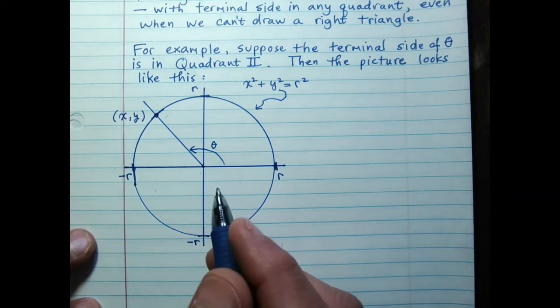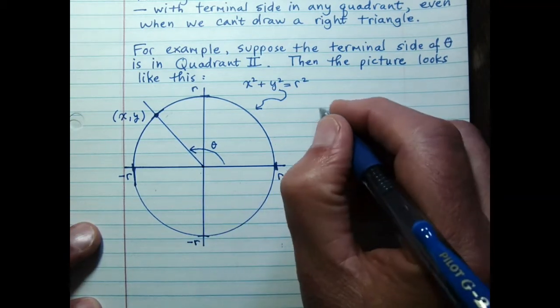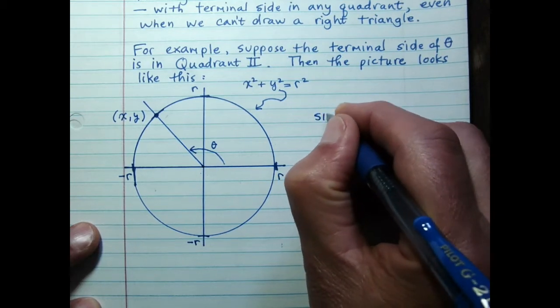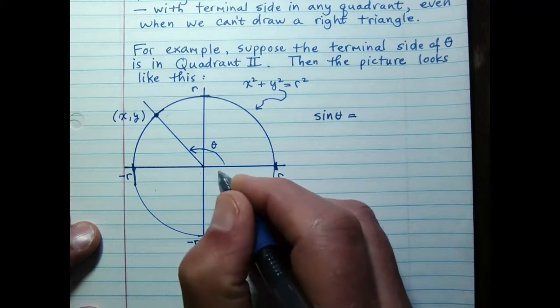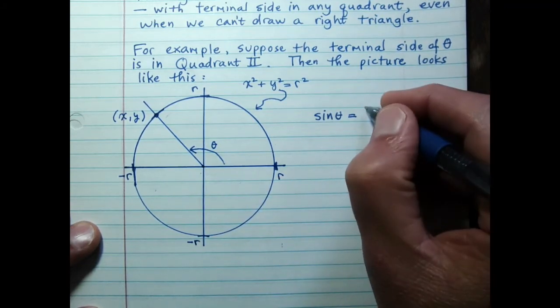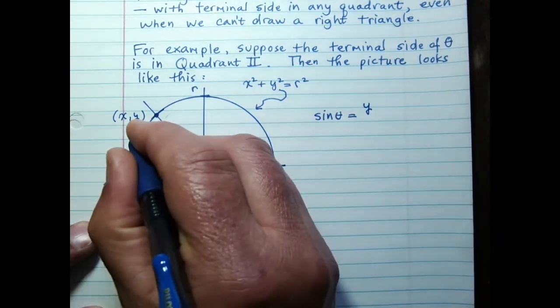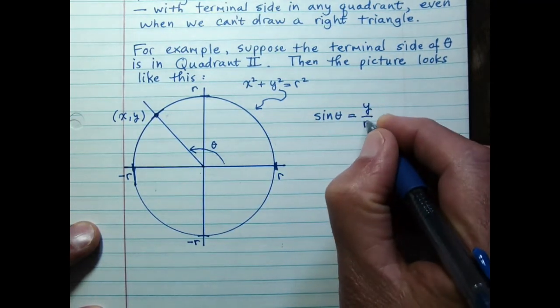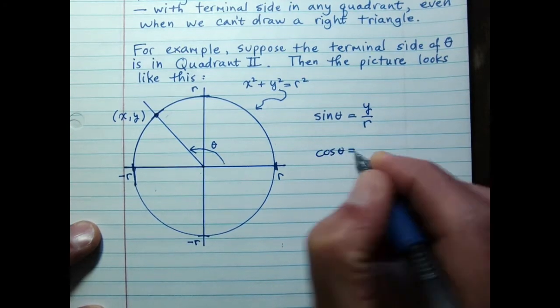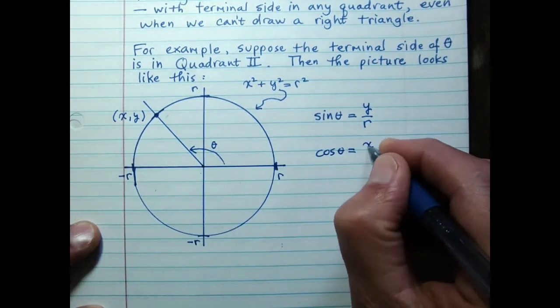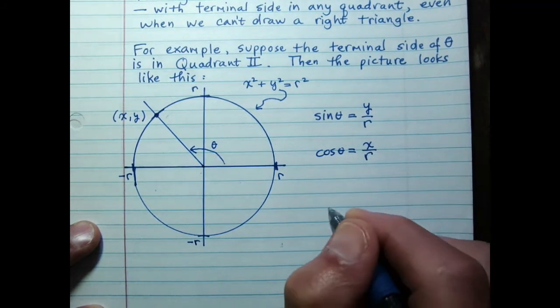So we're not going to draw a right triangle, but we can still say, in fact, we're going to define the sine of that angle theta to be the same thing I just wrote on the previous page. We're going to define it to be the y-coordinate of this point divided by the radius of the circle. And cosine of theta is the x-coordinate of this point divided by the radius of the circle.